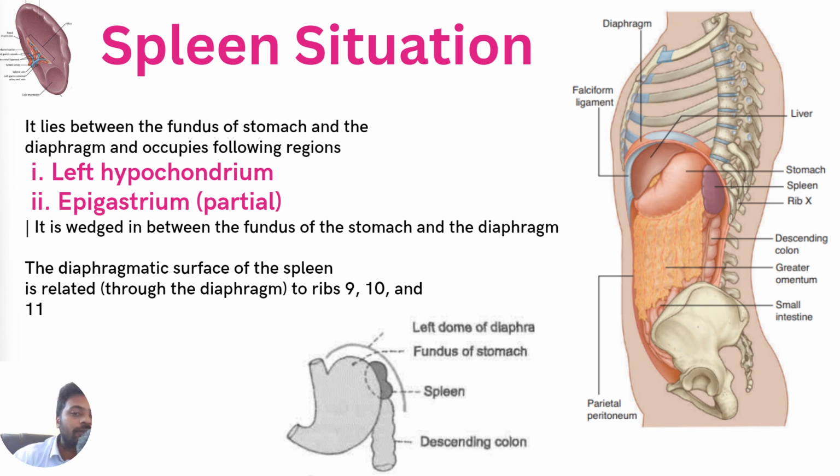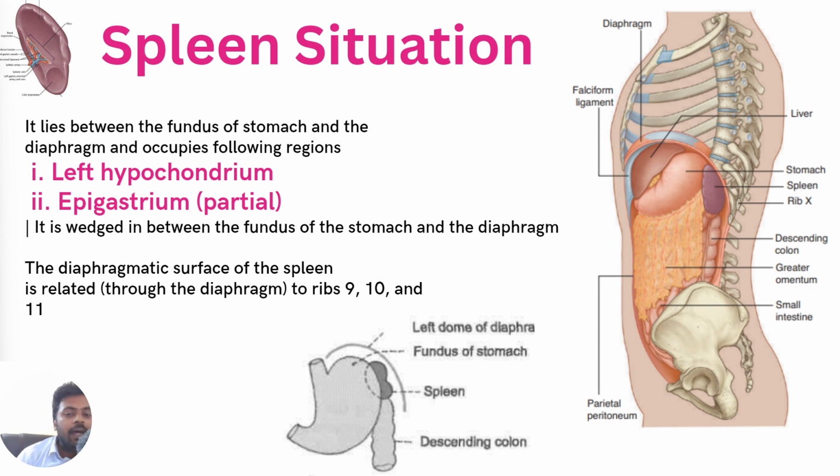Then coming to the situation of the spleen. Spleen is located in the upper left quadrant of the abdomen under cover of the diaphragm and rib cage, and therefore cannot be normally palpated on clinical examination.